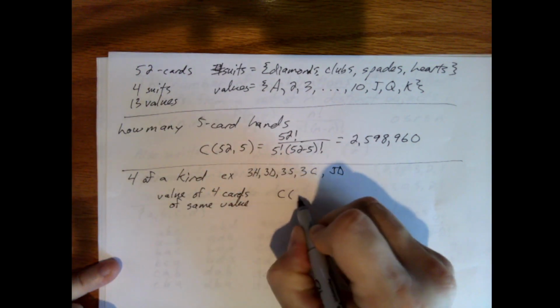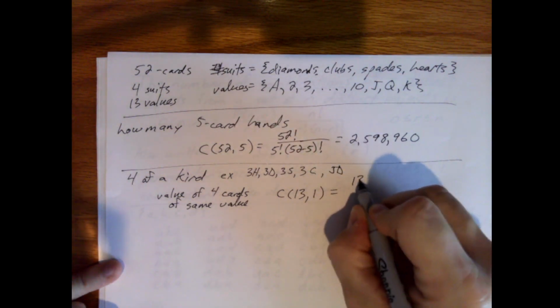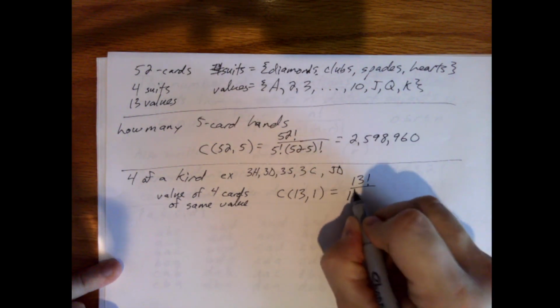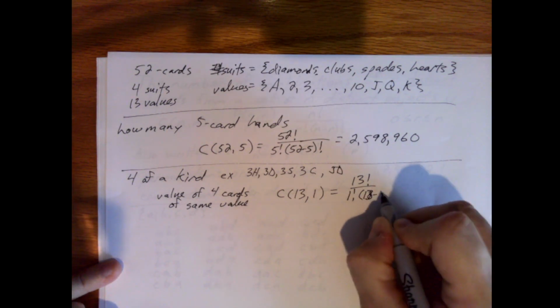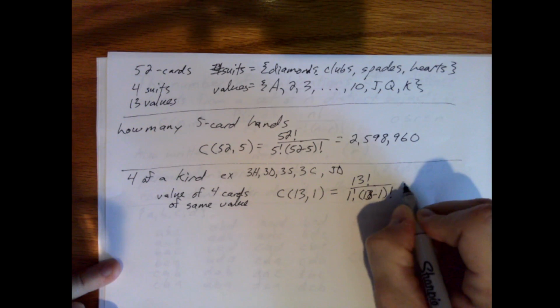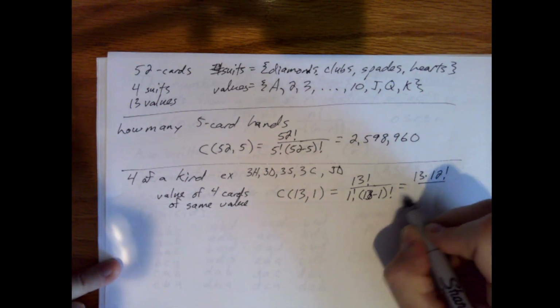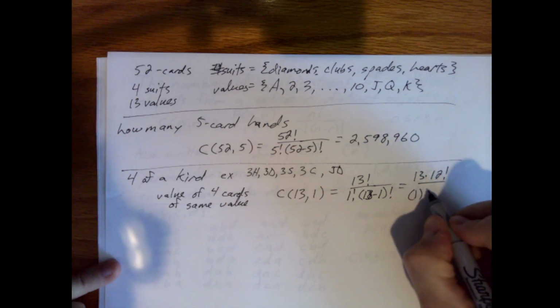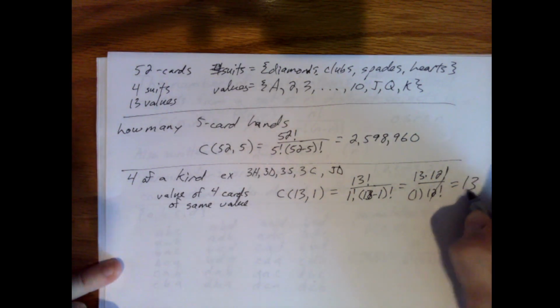Well, of 13 choices, choose one at a time: 13 factorial divided by 1 factorial times 13 minus 1 factorial, which is 13 times 12 factorial, divided by 1 times 12 factorial. These cancel out, leaving 13.